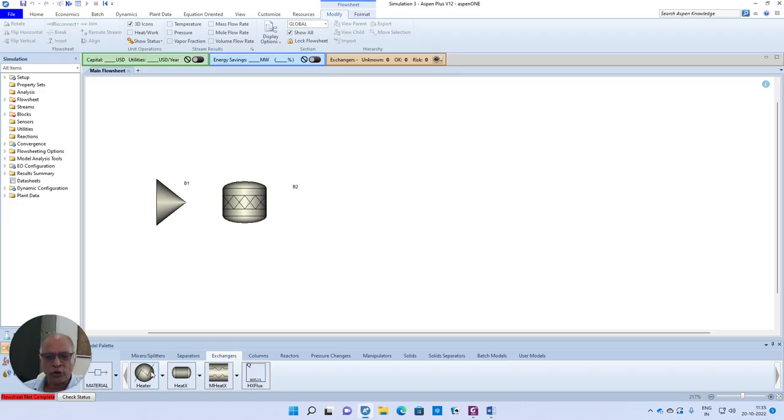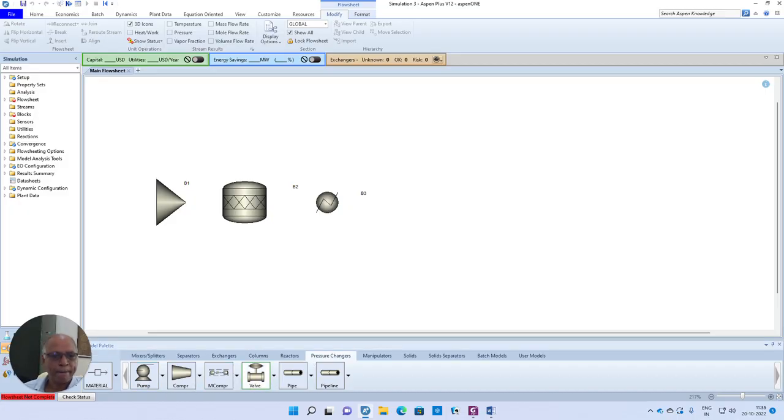We are not interested in doing designs. Maybe after doing this energy mass balance, each of these units you may be able to replace with appropriate models that can go into design calculations. Then followed by valve. So the valve is available in pressure changers. So this is the valve. You can probably increase its size.